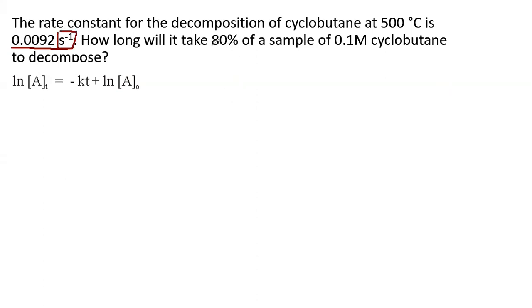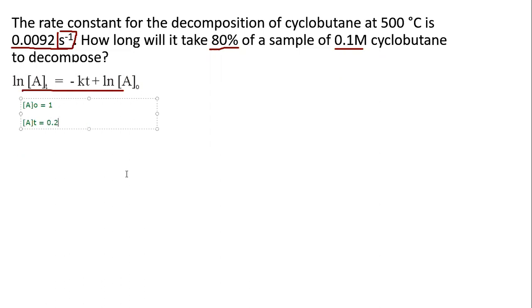Now we want to see how long it will take 80% of the sample to decompose. You can take 80% of 0.1, but since this is a first order reaction, we can say A naught equals 1, and if 80% of the sample decomposes, only 20% remains, so A_t equals 0.2.